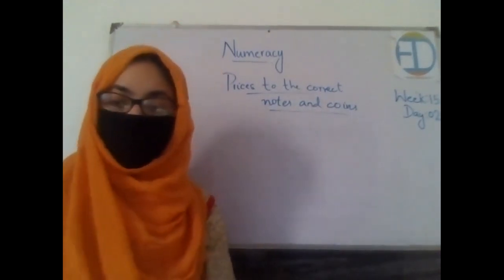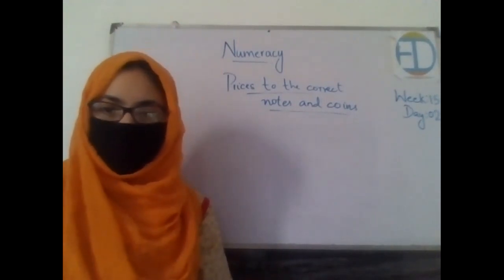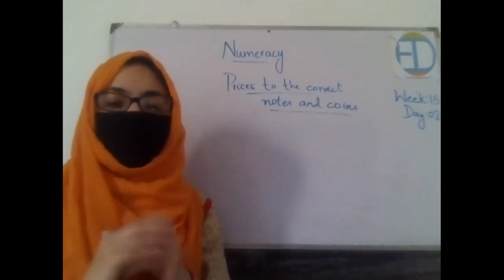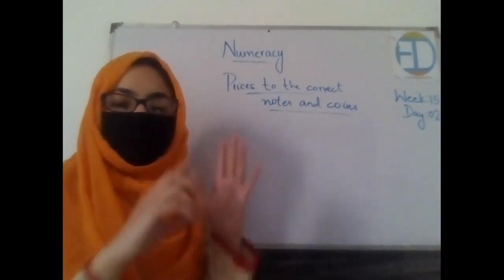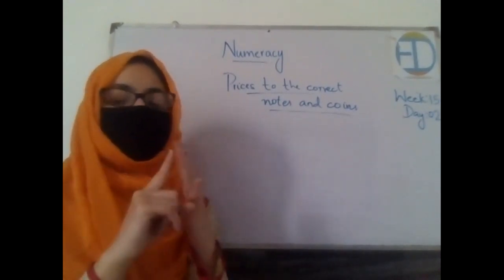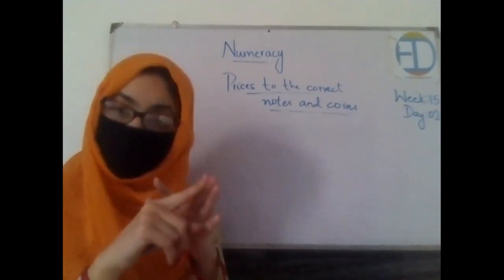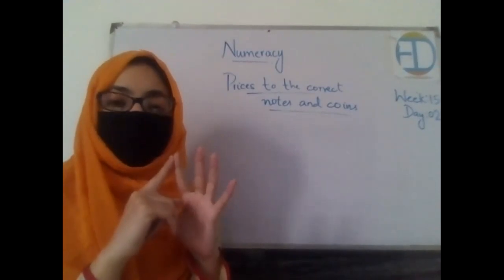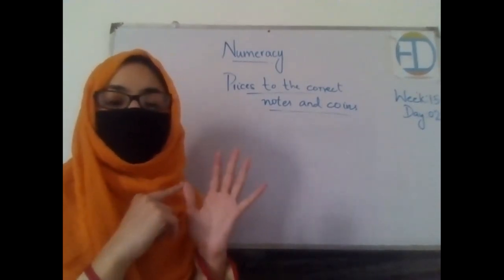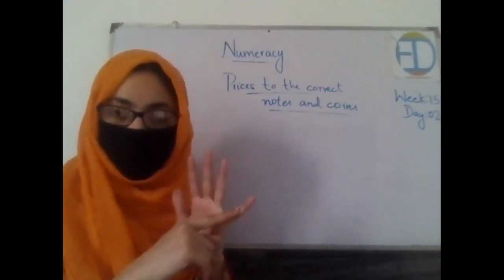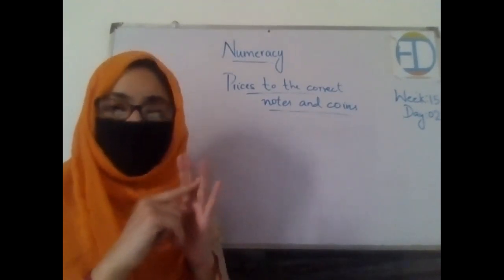Now, who is going to tell me how many notes do we have? 7. Excellent. We have 7 notes, right? Can you tell me what they are? A note of 10 rupees, a note of 20 rupees, a note of 50 rupees. Excellent. Then 100 rupees, 500, 1000, and finally 5000, right?